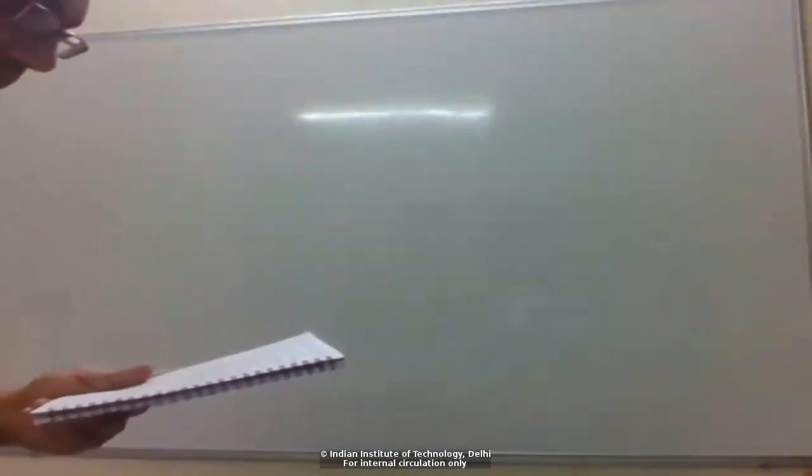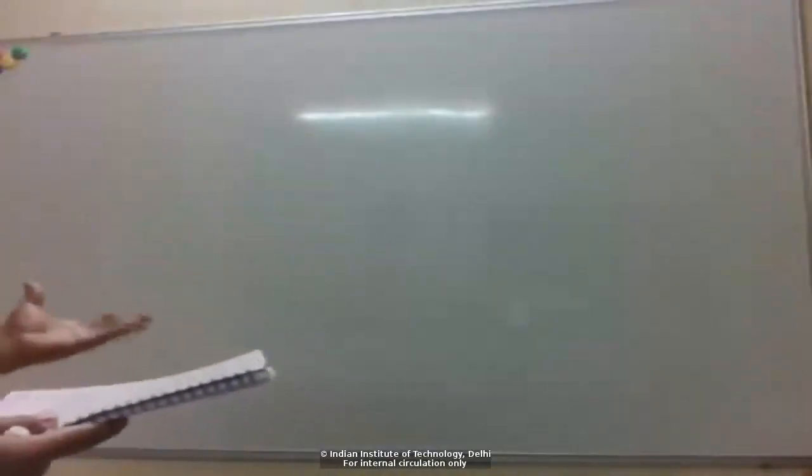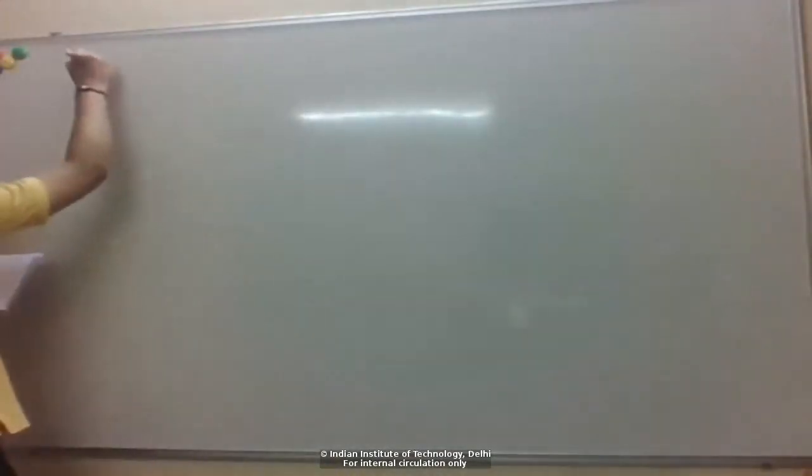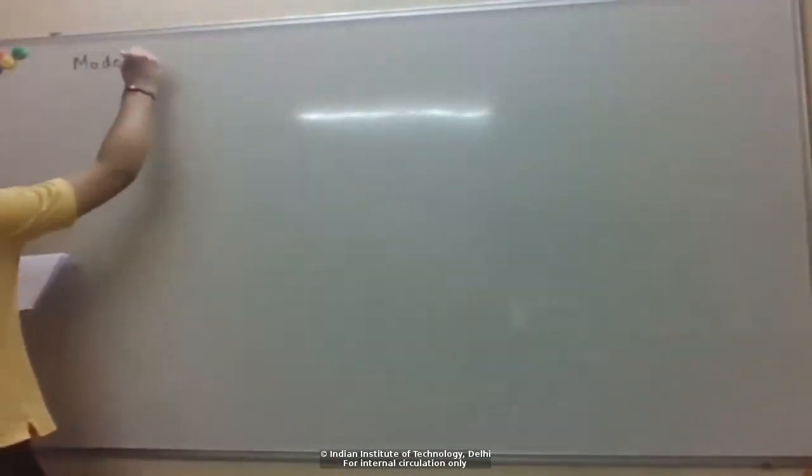Yeah, let's continue our discussion on the modes in a parabolic index slab waveguide, right? That we sort of started in the last class.